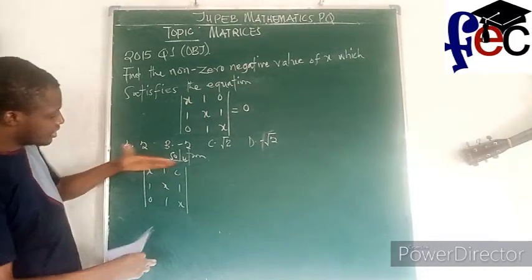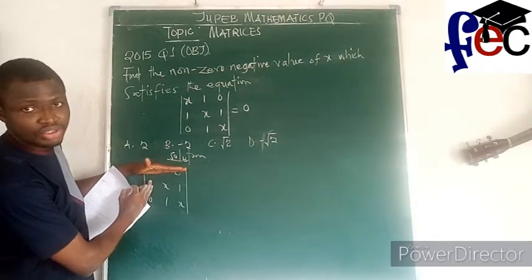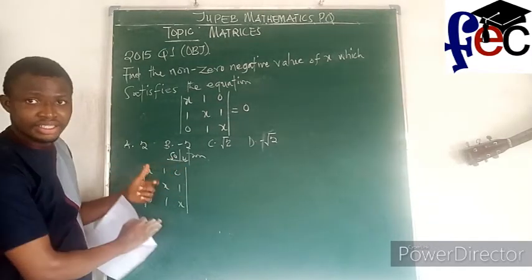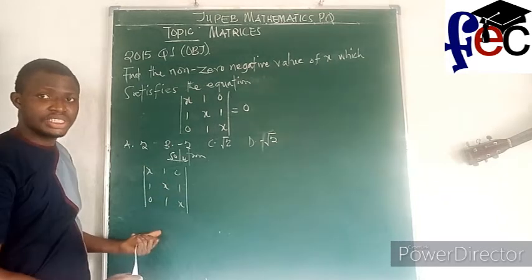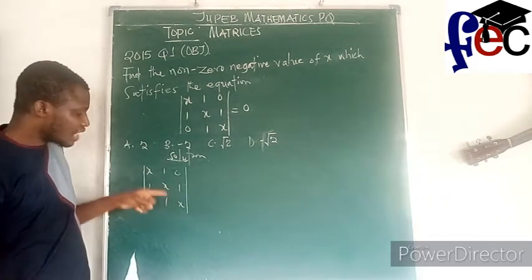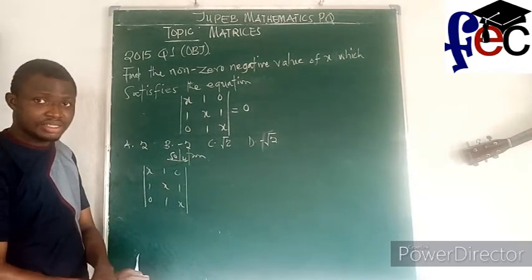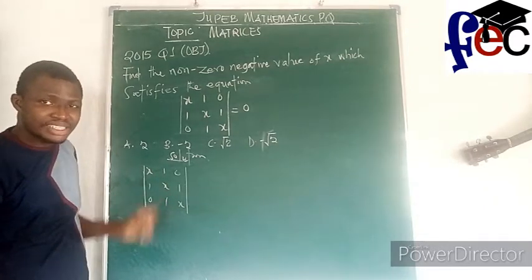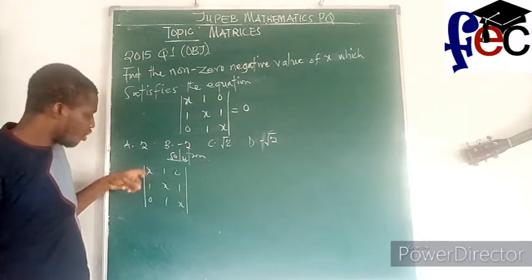When you do that, what do you see? You see x 1, 1 x. That's a 2 by 2 matrix, and the determinant of that 2 by 2 matrix is the minor of x.